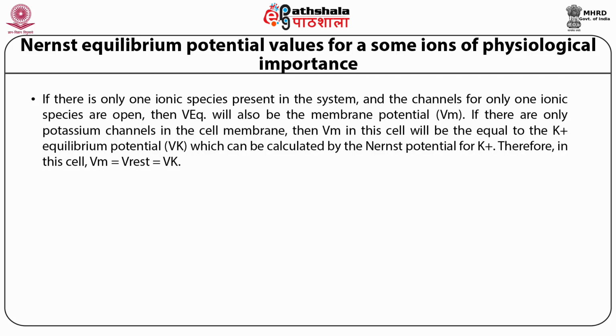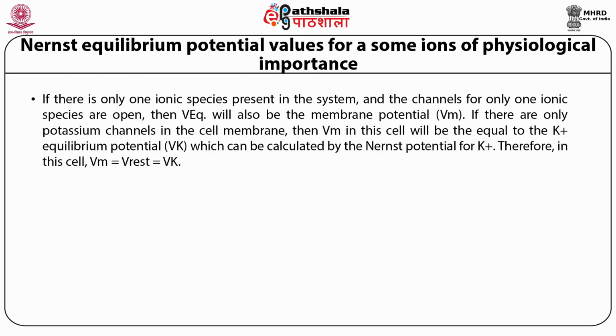This is because many ions are contributing to the resting membrane potential, and the ultimate value of the resting potential will depend on the concentration gradients and the relative membrane permeability of the ions present in the system. In this case, the Goldman-Hodgkin-Katz or GHK equation is used to calculate the Vm.